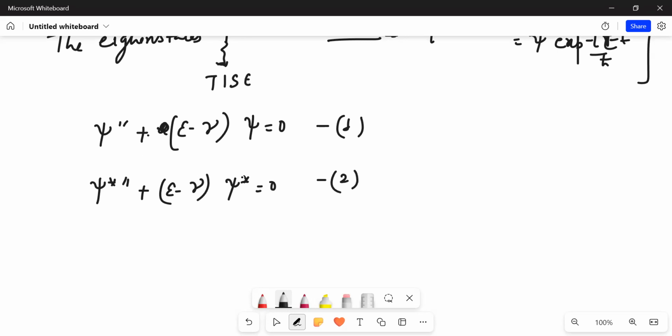The conjugate of psi is not equal to psi. So basically they can have the same energy. Now you should not get confused that earlier I told you that two different wave functions with the same energy are not possible. These two are different wave functions only, so basically they will define a degenerate solution.